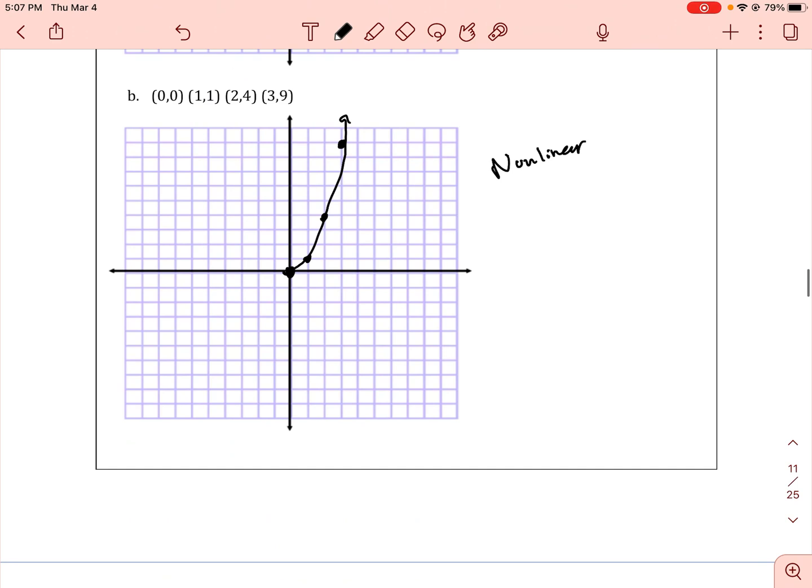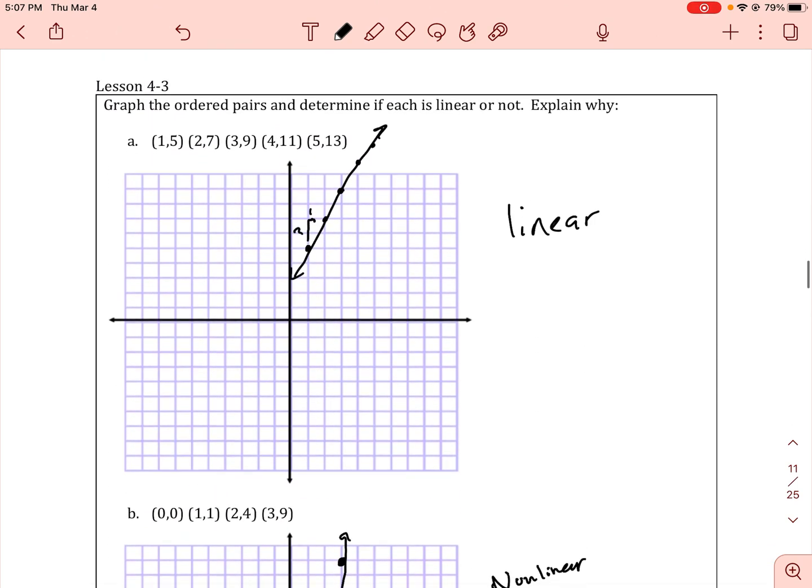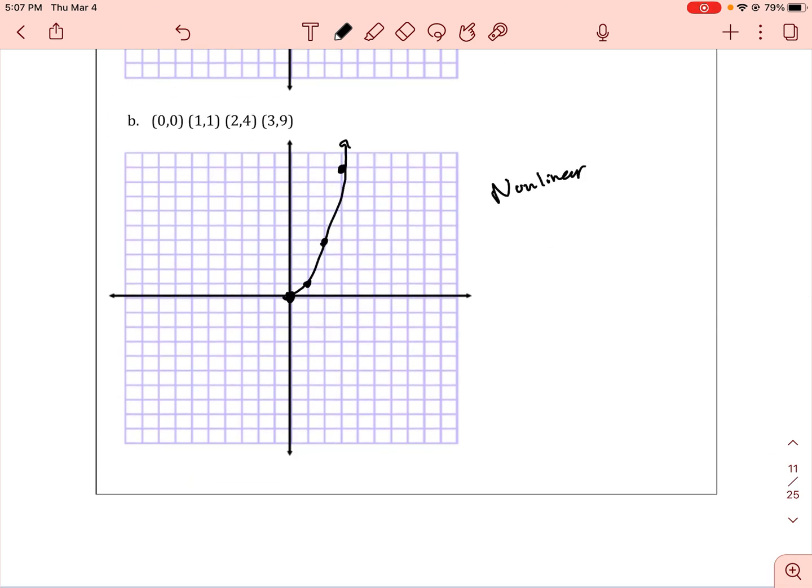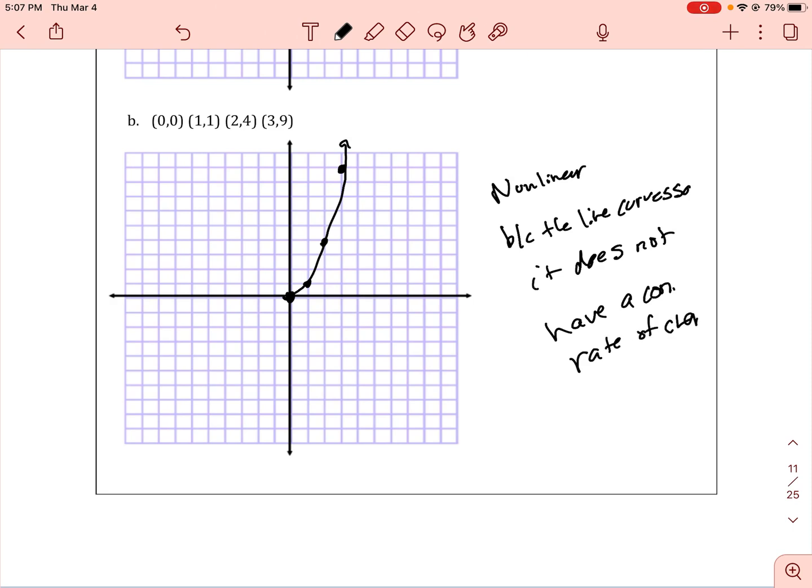This one is now nonlinear because the line curves, so it does not have a constant rate of change.